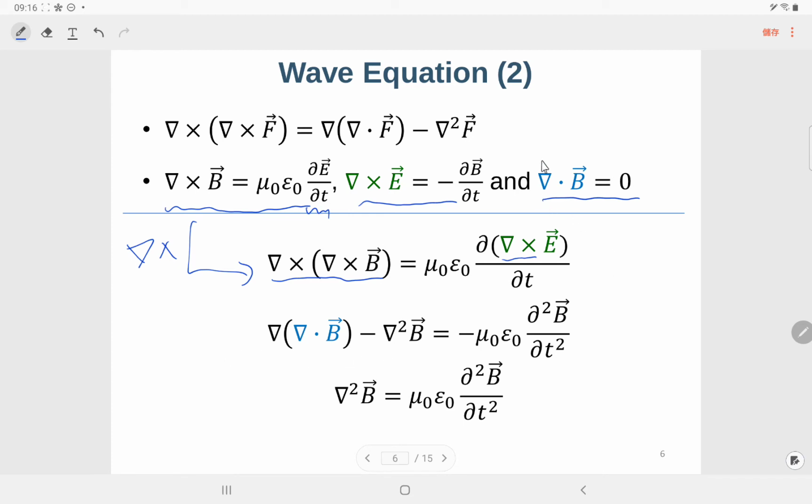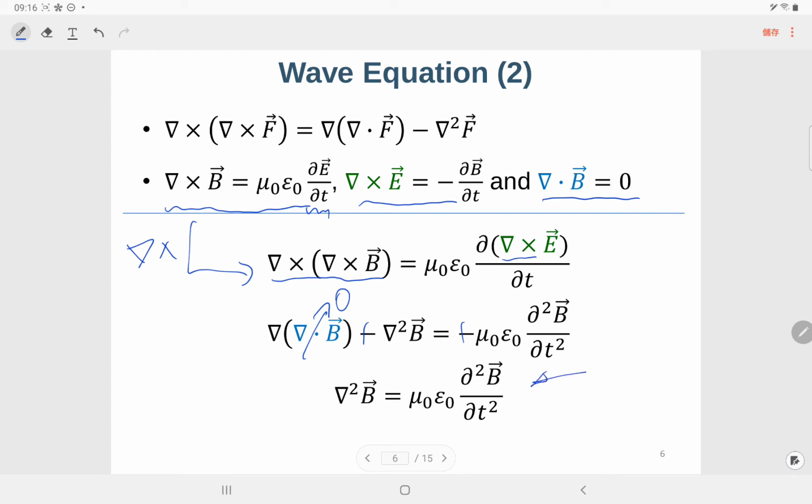Similarly, we make use of the Gauss law for the magnetic field, so this term becomes 0. And similarly, we just multiply by -1 on both sides. So this one is the wave equation for the B field.